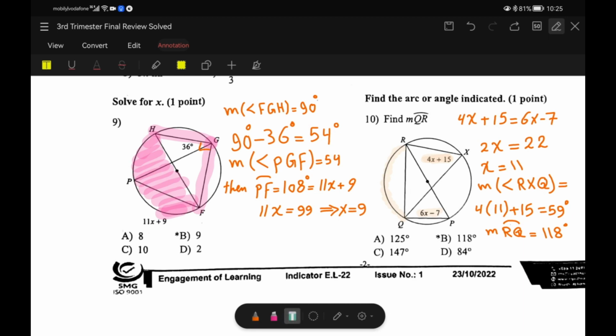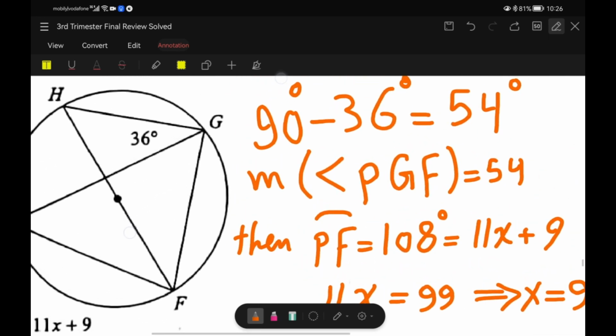Okay, let's delete that and let's complete. So if we have angle HGF 90 degrees, the measurement of angle PGF must equal 90 degrees minus 36 equals 54 degrees. So the measurement for that angle equals 54 degrees.